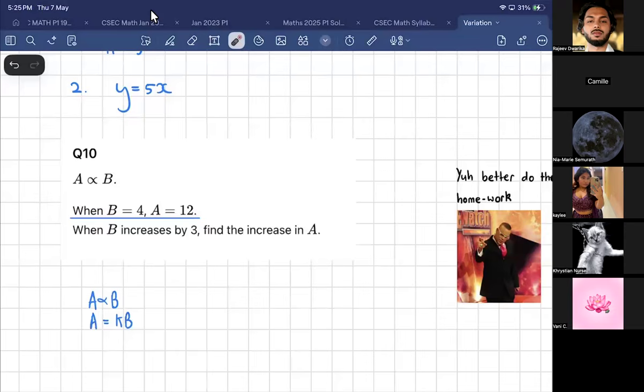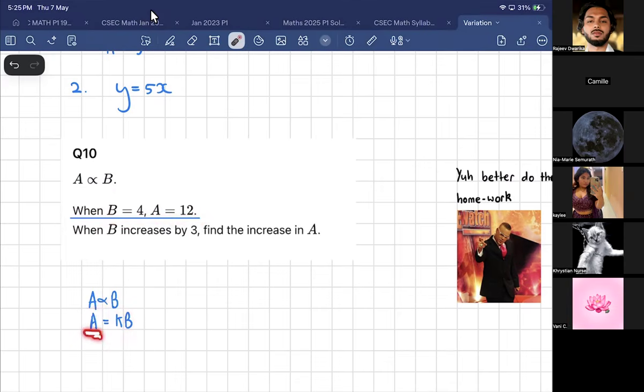12, exactly. So we know this information for a and b. So I could plug it in here and find for what? Nia, if you plug in what we know a is, what do we know a is?